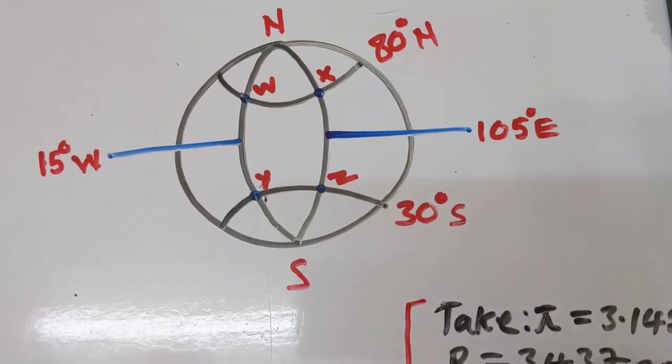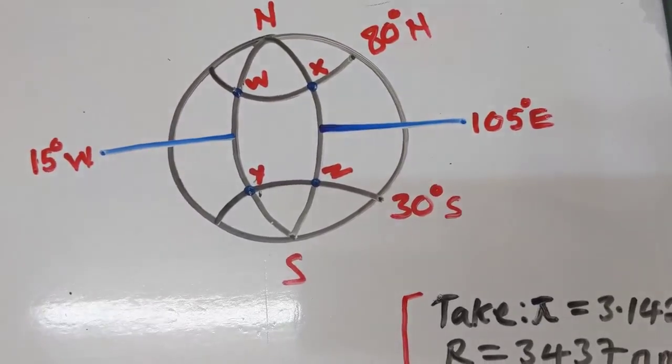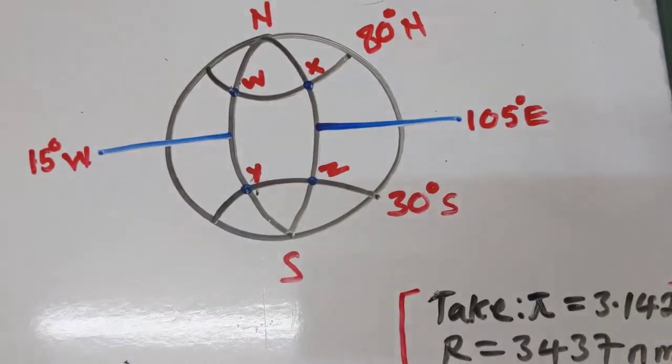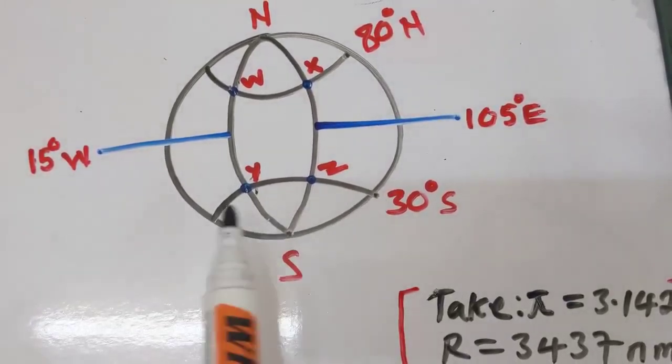All right, it's saying calculate the distance in nautical miles between Y and Z. This is the latitude.